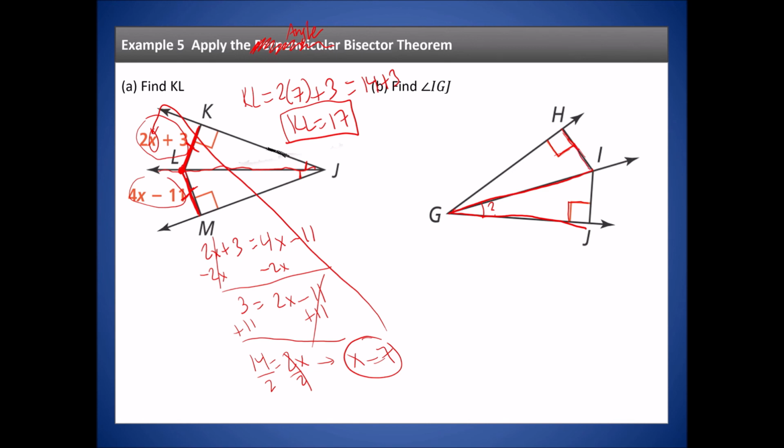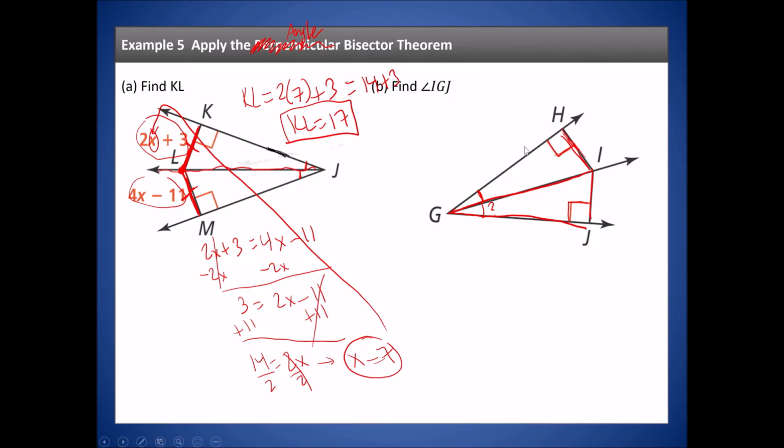Because these two distances should be the same, then this has to be a bisector. This is the type of problem that we're dealing with. And they should give us this distance. So let's see if we can figure out this distance.